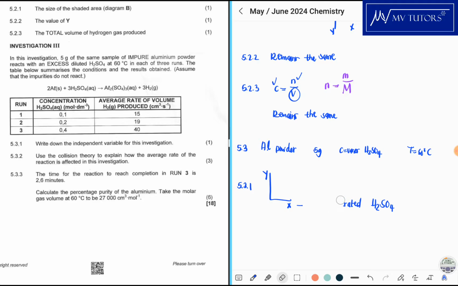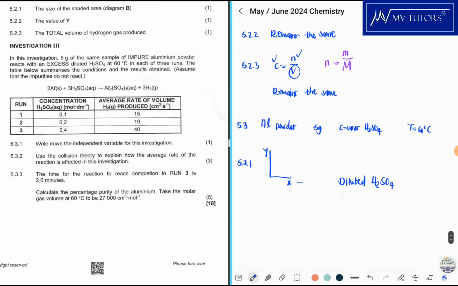My goodness. So this is the concentration of diluted sulfuric acid. That is our independent variable. I say that because when we vary the concentration of sulfuric acid, the average rate of volume produced will go accordingly. We see that once we increase the concentration, the average rate of volume produced also increases. But anyway, this is the independent variable.